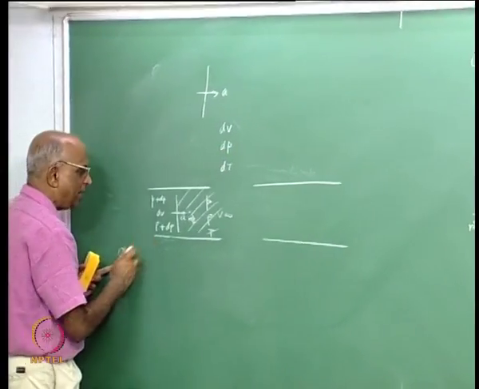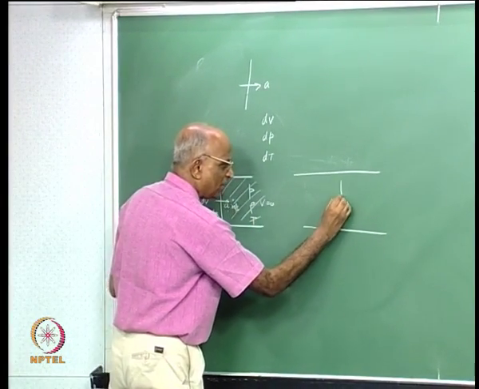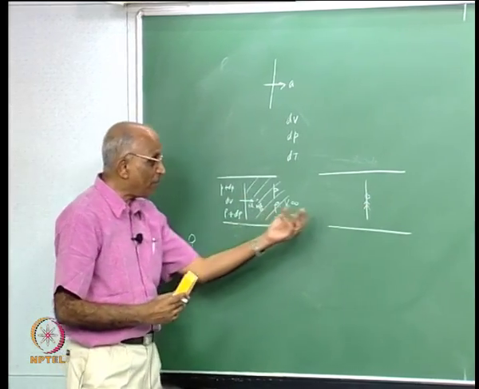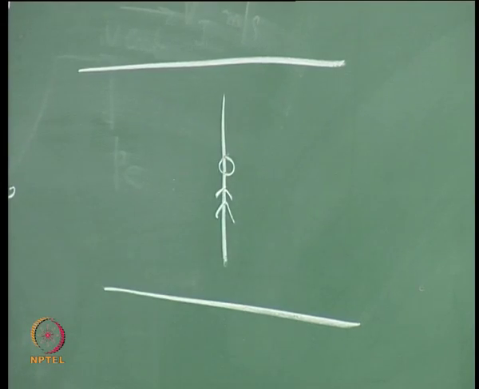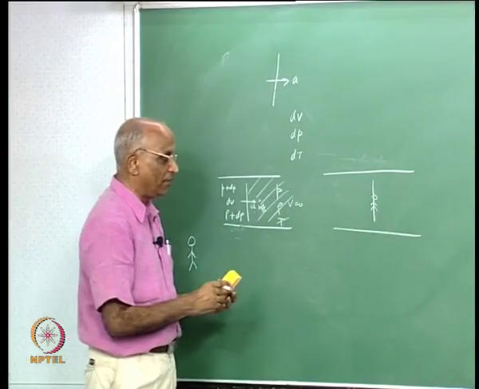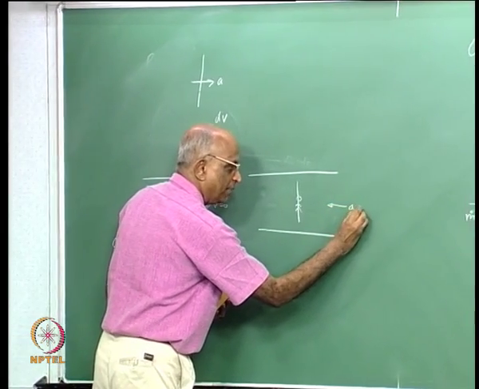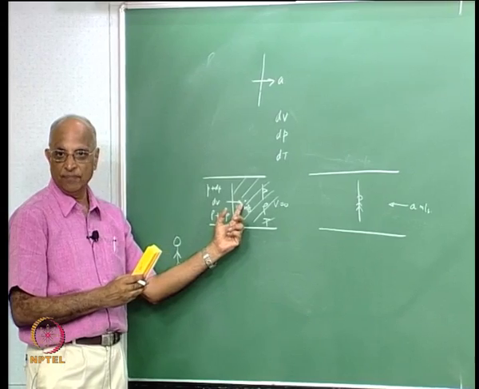Instead of standing here and watching the wave go by, I position myself on the wave, and now I can find out what the difference is, because nothing is happening. If I stand on the wave and I am moving along with the wave, I see the gas coming towards me with a speed a meters per second, because I have told that the wave moves with a velocity a.